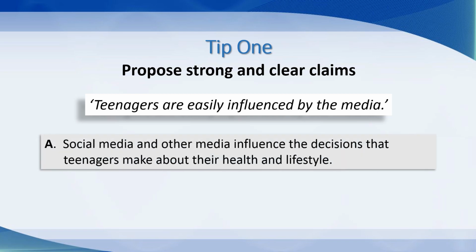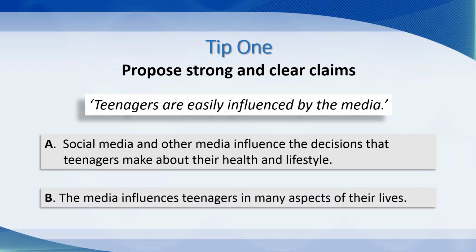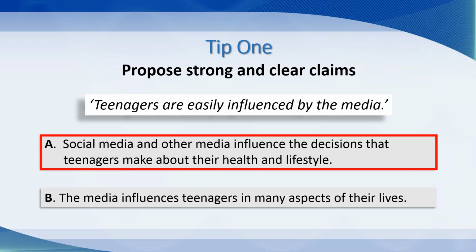Claim A: Social media and other media influence the decisions that teenagers make about their health and lifestyle, or Claim B: the media influences teenagers in many aspects of their lives? Absolutely. Claim A is stronger because it clearly states how the media can impact young people, whereas claim B is vague and does not mention what the main idea is about.